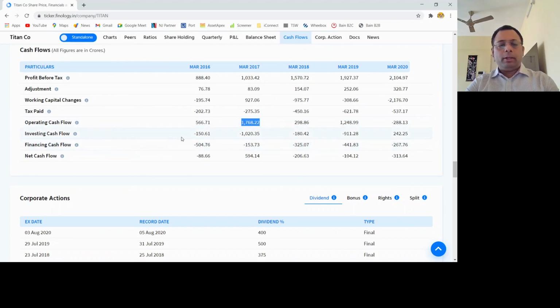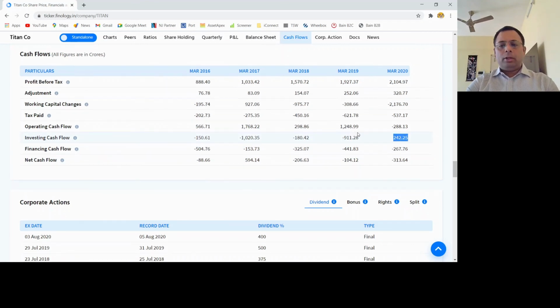Now what can also be inferred is the investing cash flow. They probably made a good investment in this year, and then reduced it in 2018. In 19, they again made a similar kind of investment. In 20, they didn't make any investments actually. Okay, so we can make out that the company invested heavily in 2017 and 2019, for which the benefit is going to come in future.